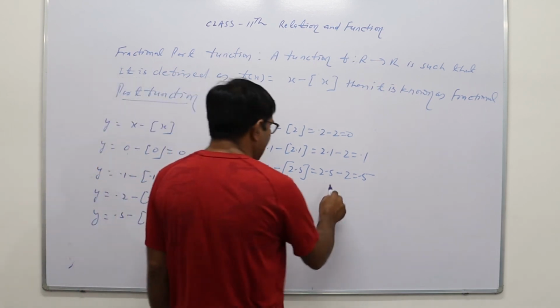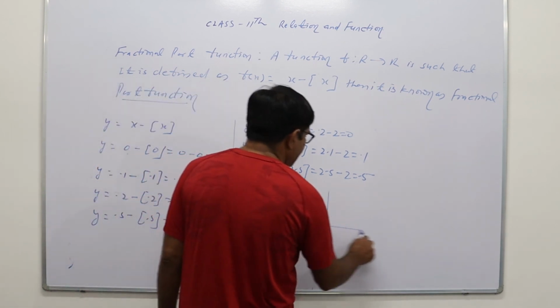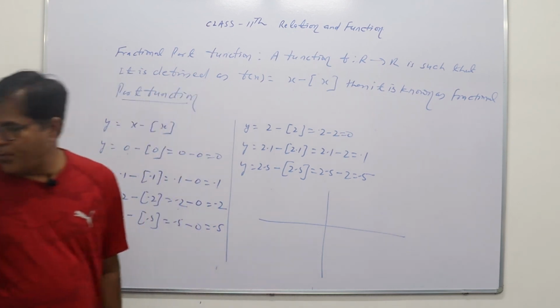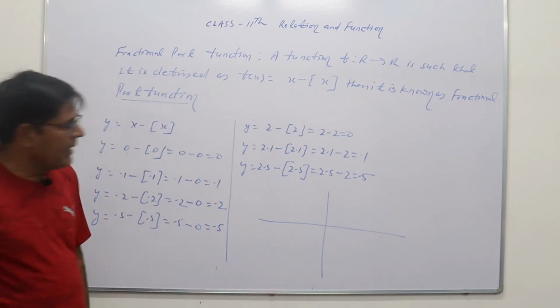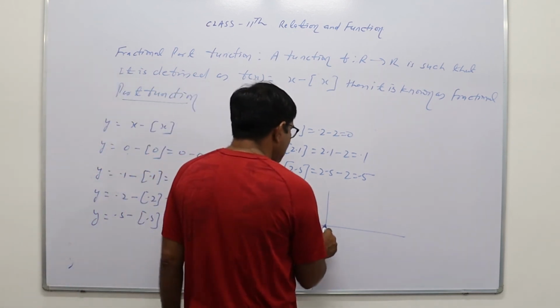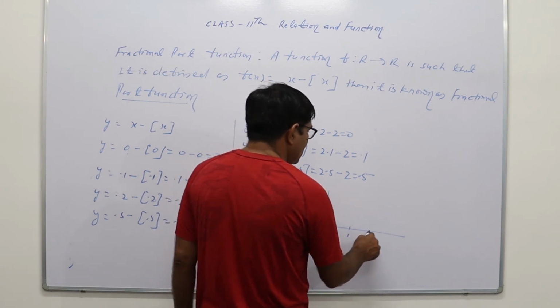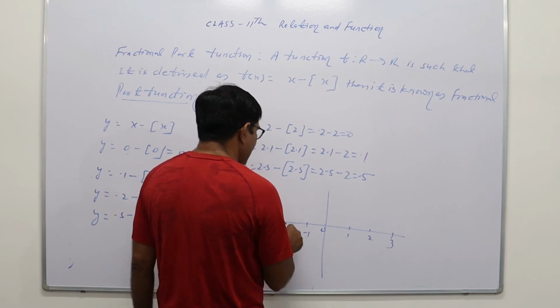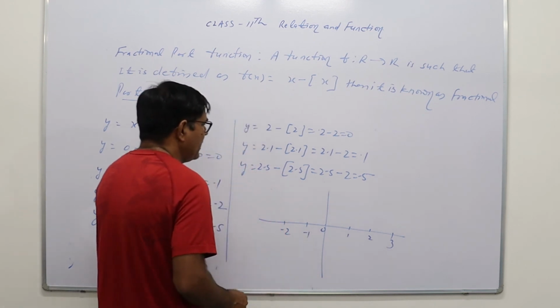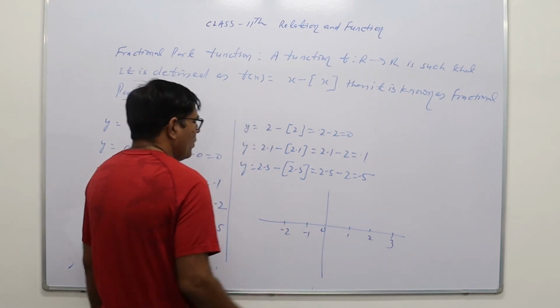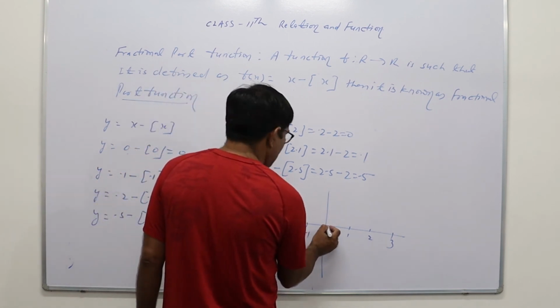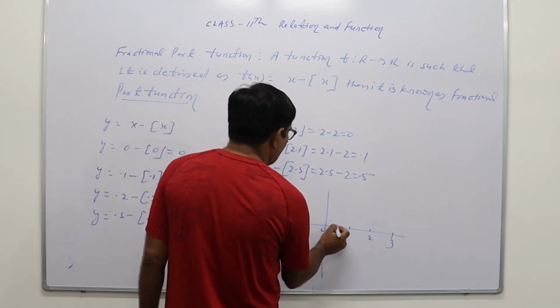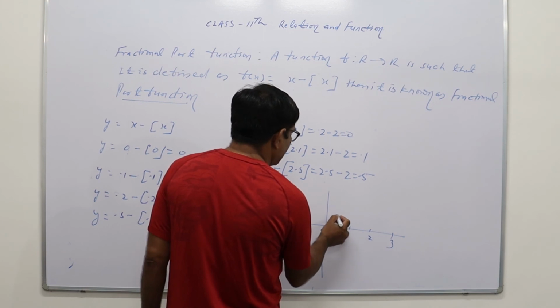If we plot the graph of these points, this is 0, 1, 2, 3. This is minus 1, minus 2, and so on. So for 0, it is 0, then 0.1, 0.1, 0.2, 0.2, 0.3.